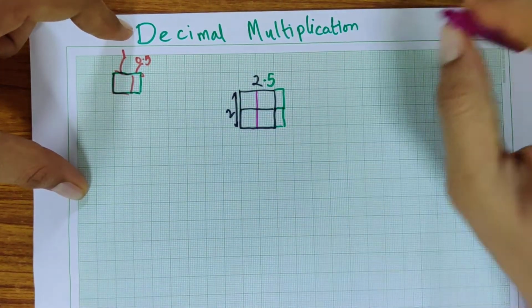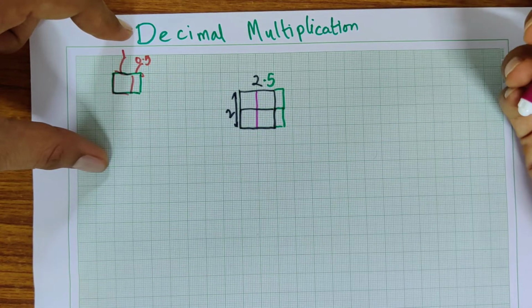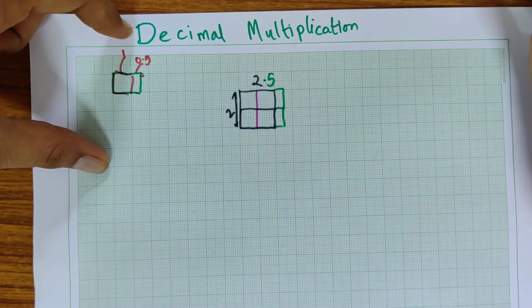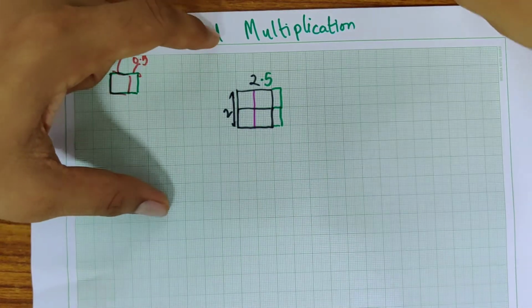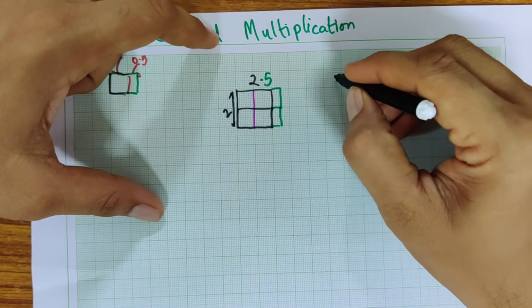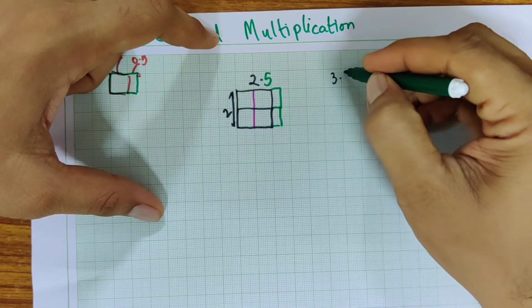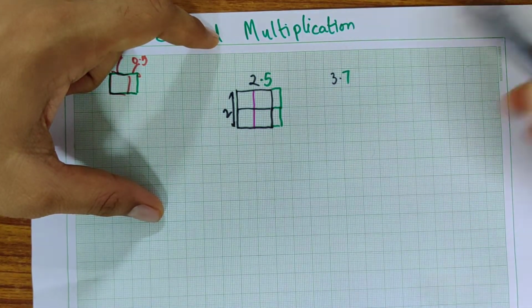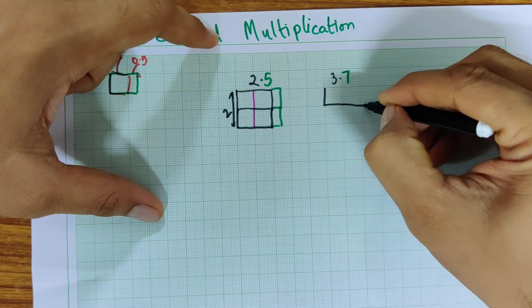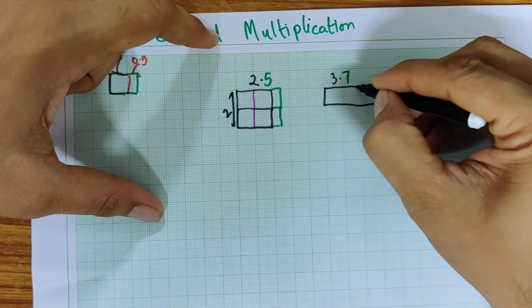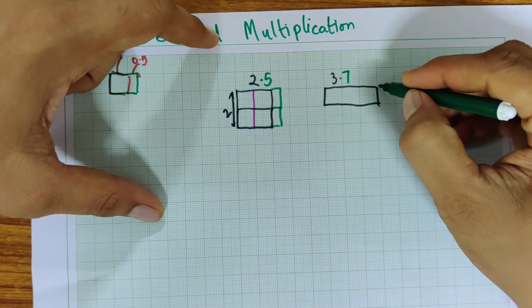So this is the first kind of multiplication that we will see. You will multiply with a whole number, and it may be a whole number or it may not be a whole number. So let's say we had 3.7. Again 1, 2, 3, and then you have 7.